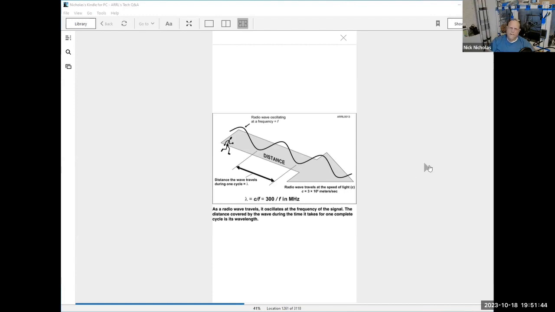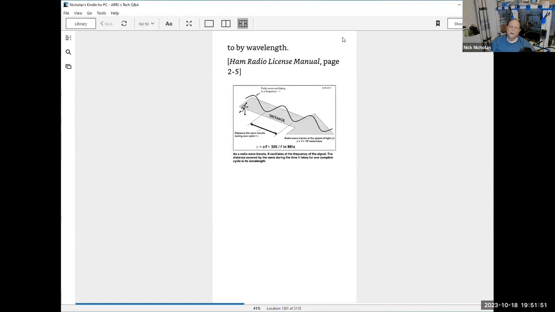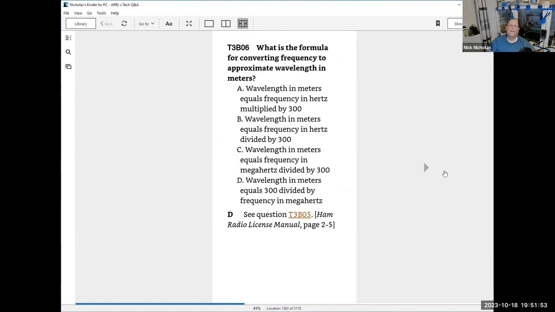Okay. I want to close that. There we go. T3B06. What is the formula for converting frequency to approximate wavelength in meters? I think we already got to this, but the wavelength in meters equals 300 divided by the frequency in megahertz.